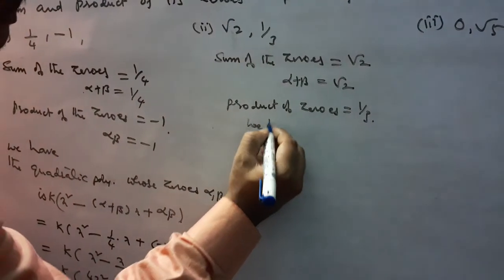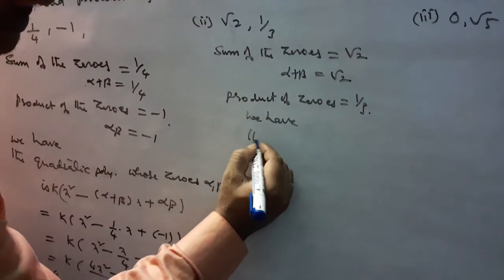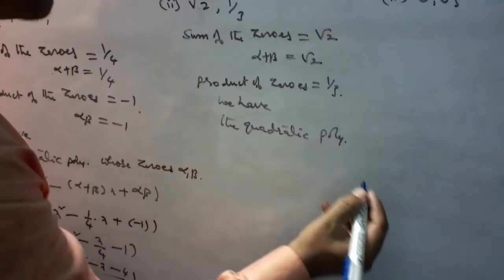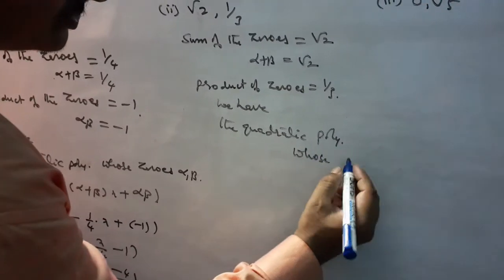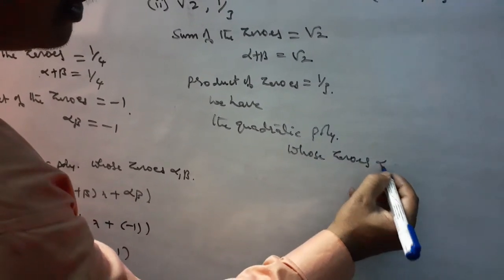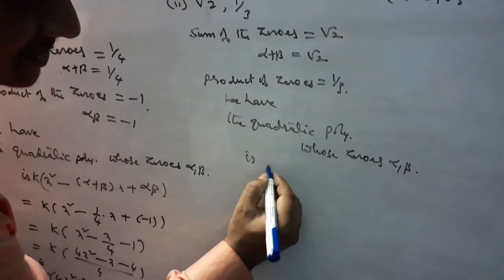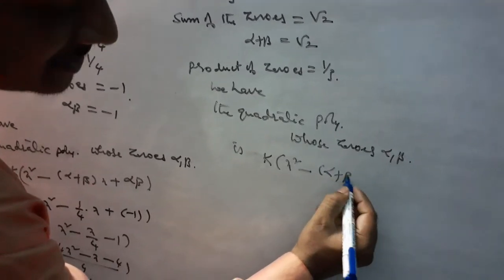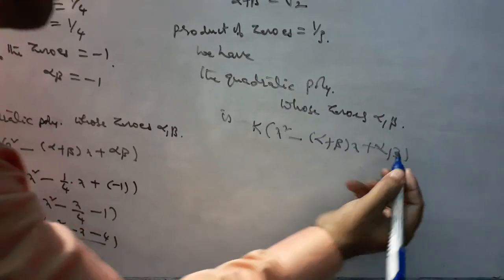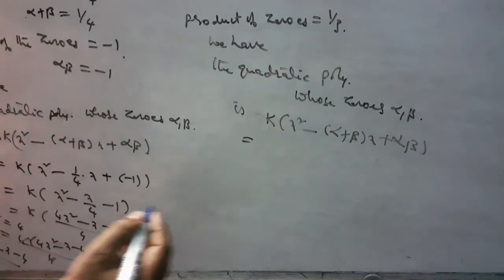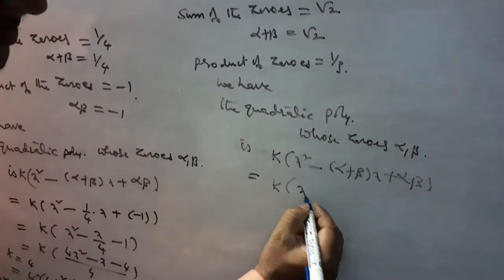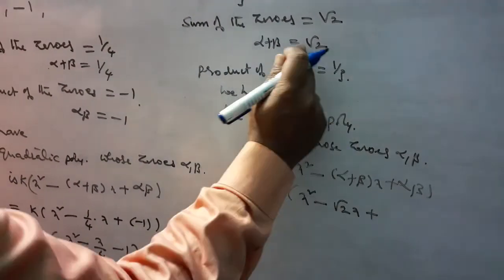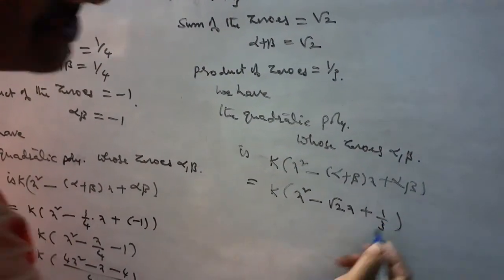So we have the quadratic polynomial whose zeros alpha, beta is k into x square minus alpha plus beta into x plus alpha beta. So that is k into x square minus root 2 into x, since alpha plus beta equals root 2, plus alpha beta, which is 1 by 3.